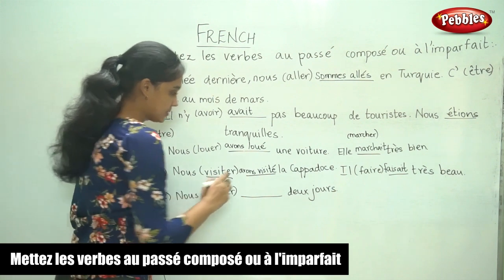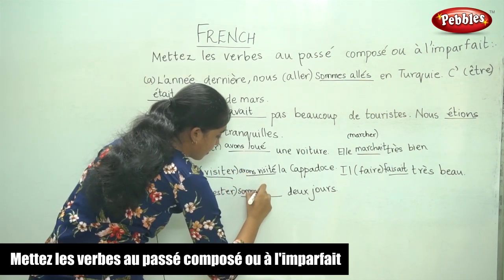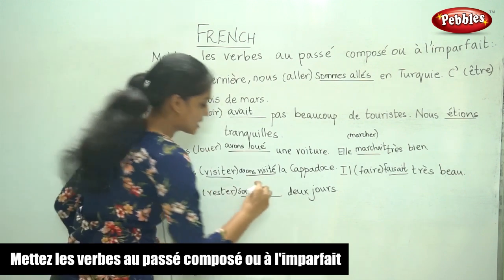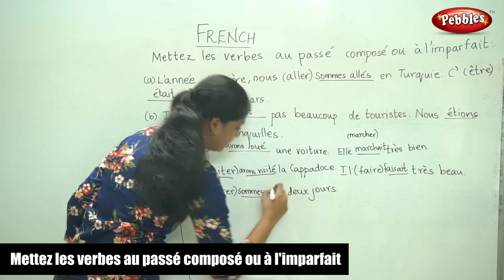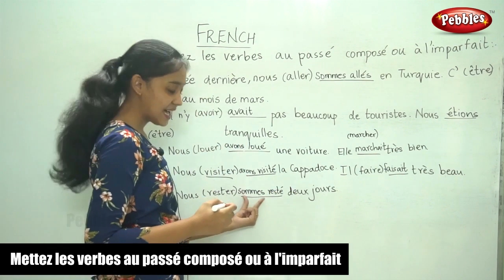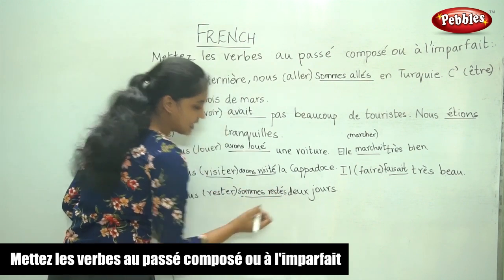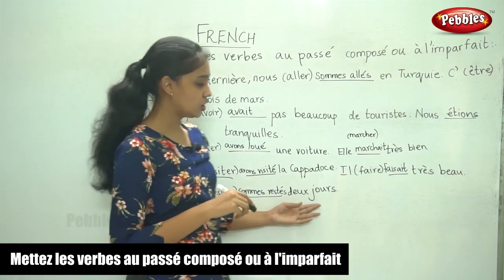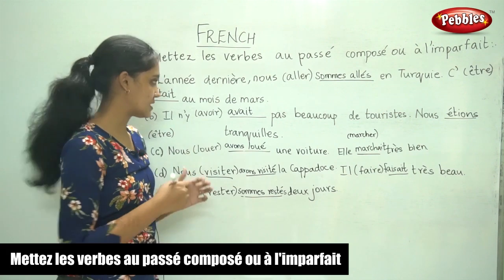So nous sommes, and the past participle of rester is resté. And when we use être as the auxiliary, we have to add S for the agreement. So nous sommes restés 2 jours. We stayed for 2 days.